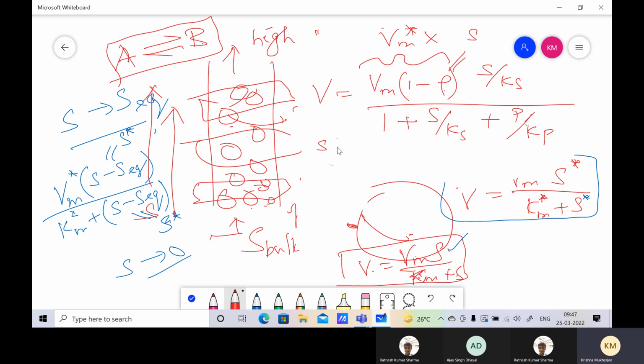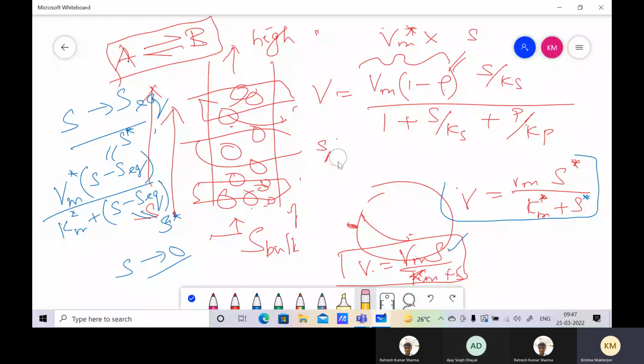Rho is S upon P. Okay, rho is S upon P upon K equilibrium. When K equilibrium is actually, sorry, sir, P upon S. What am I saying? Wrong. P equilibrium upon S equilibrium.